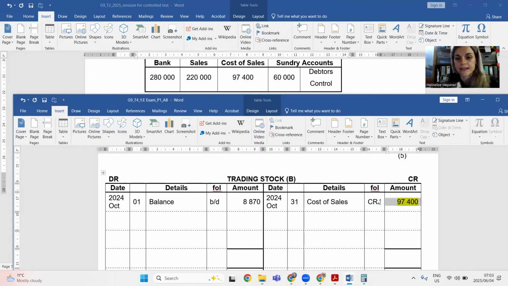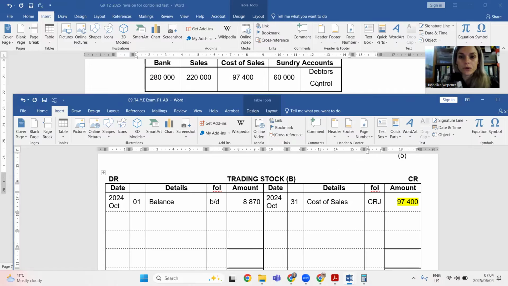And this was cash sales. That's why it's CRJ. Just ignore the fact that you currently only show 8,870 trading stock, because remember, for all of the journals, we wait until month end to post to the ledger, and we still have to do the CPJ. We obviously purchased more stock somewhere during the month.